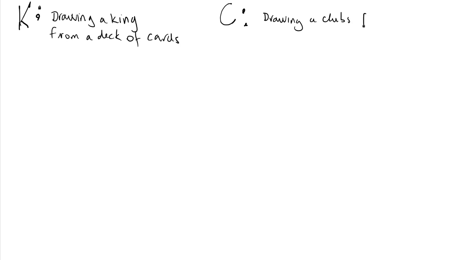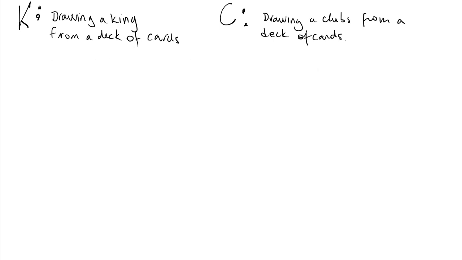Okay, so here's the problem. Let's take an event K as drawing a king from a deck of cards, and C as drawing a club from a deck of cards. I want to know if these events are independent or not.